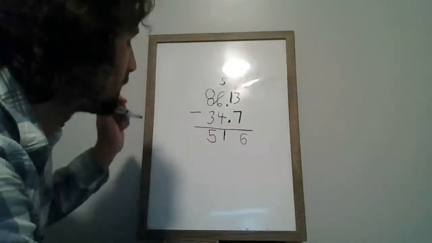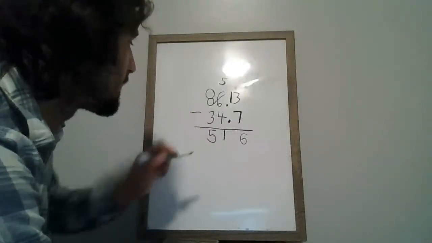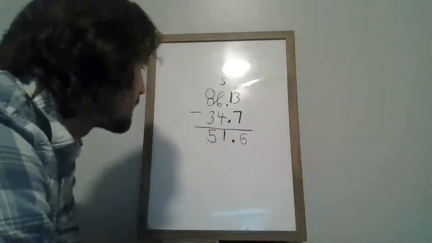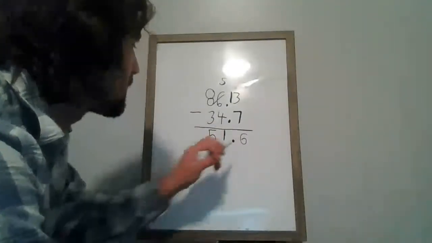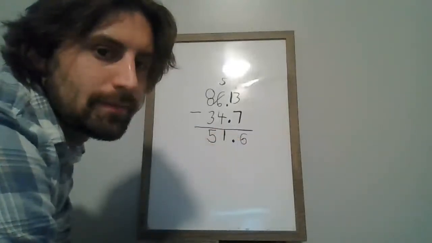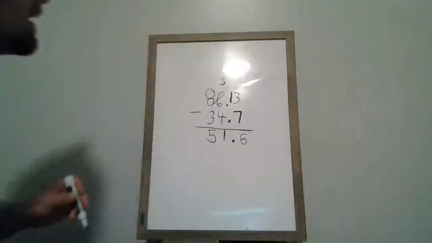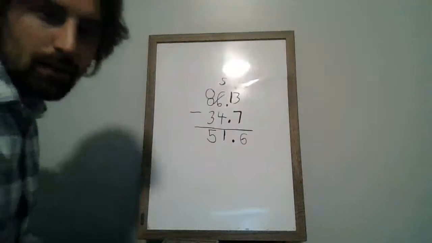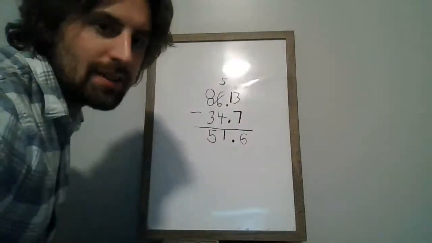So in the answer, I'm going to put the decimal point in between the second and third digit. So my answer is 51 and 6/10, and this is how you would write 51 and 6/10 as a decimal. I'm going to do 2 more examples before I call it a day.